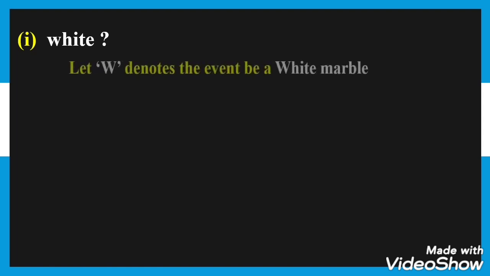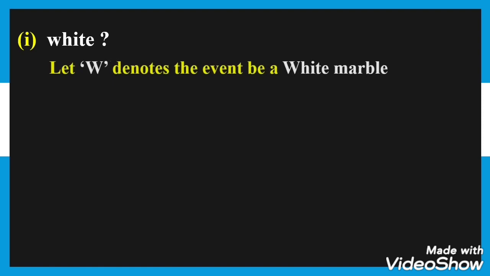Now one by one we find the probability for the white marble, the blue marble and the red marble. First I take the white marble. Every time we have to define the event. Here I denote white as W. So let W denote the event of getting a white marble.